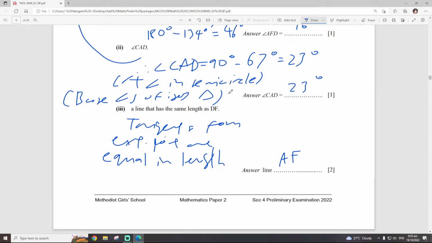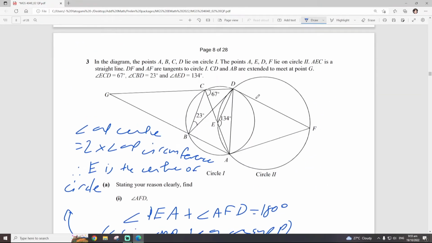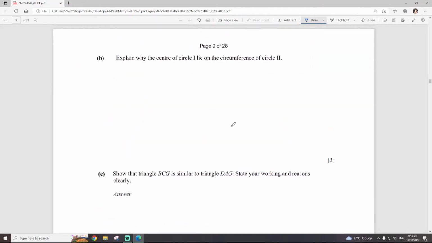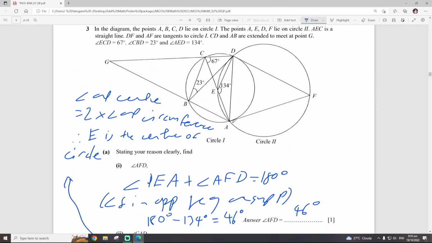Okay. Explain why the center of circle 1 lies on the circumference of circle 2. Oh, circle 1 lies in circle 2. Oh, okay. You have to explain why.